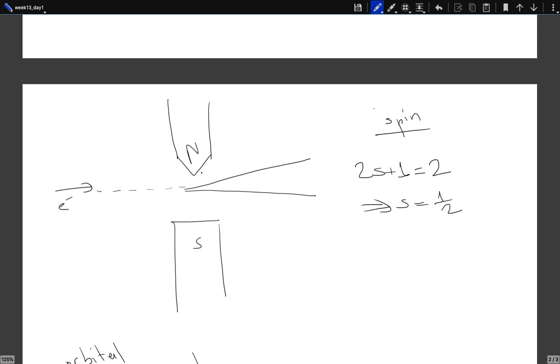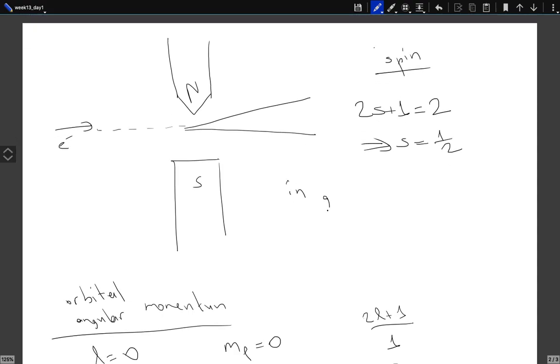Well, S, in fact, can take other values. S can be 0, 1/2, 1, 3/2, 2, etc. L can take only integer values, whereas S can take integer and half-integer values. Essentially, if you consider the photon as an electromagnetic field, being an electromagnetic field, it has a direction.